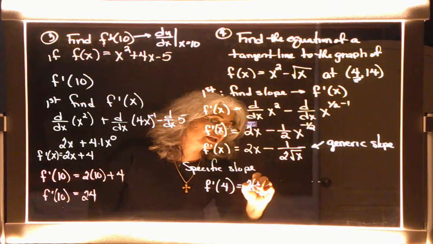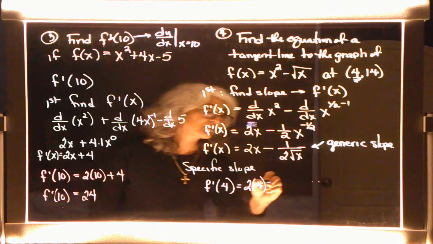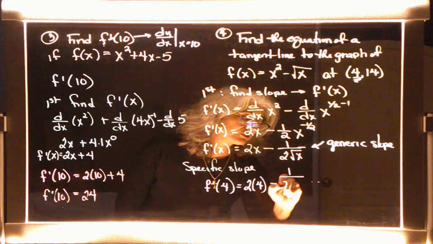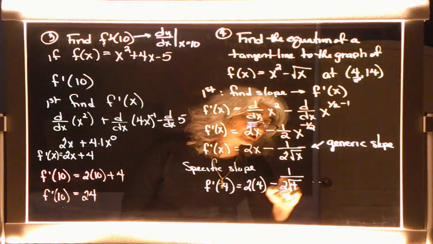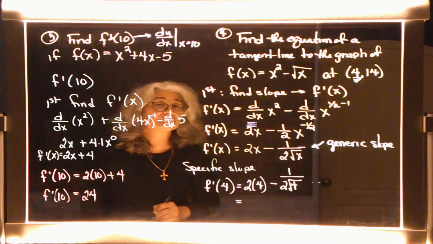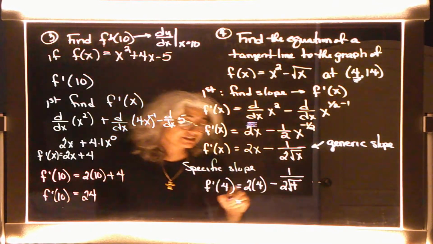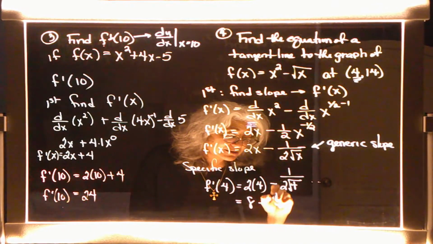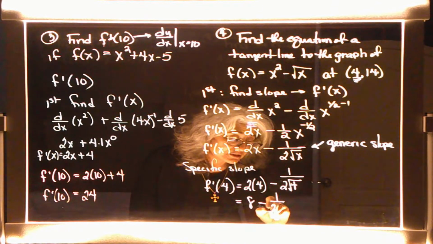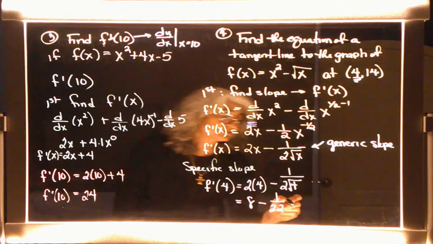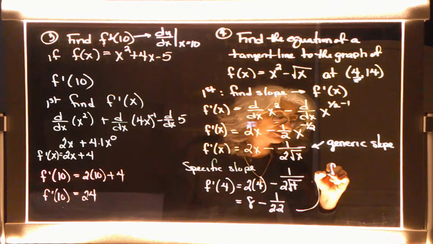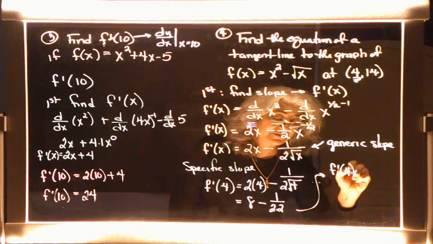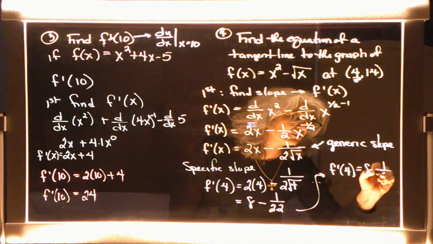So we got 2 times 4, right? Minus 1 over 2 times the square root of 4. Agreed? All right. 8 minus 1 over, looks like 2 times 2. So the derivative at this x is 8 minus a quarter.